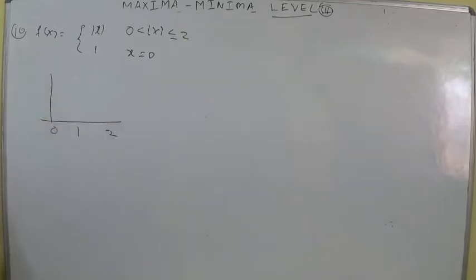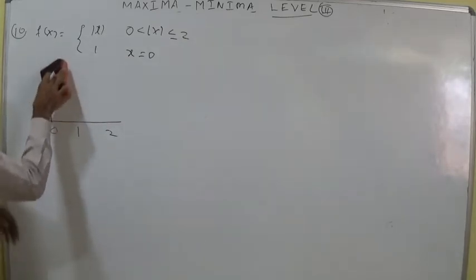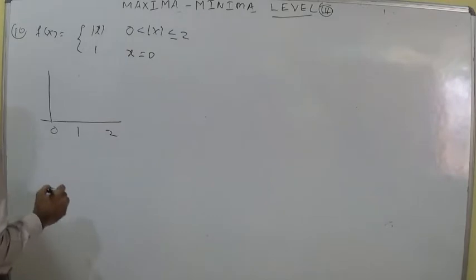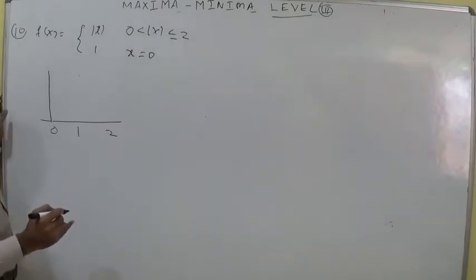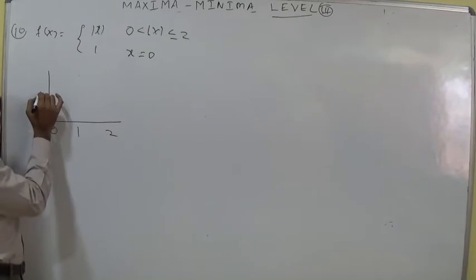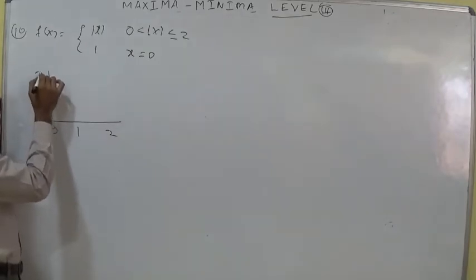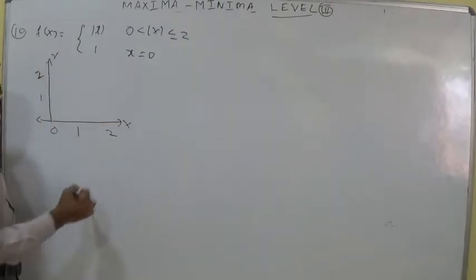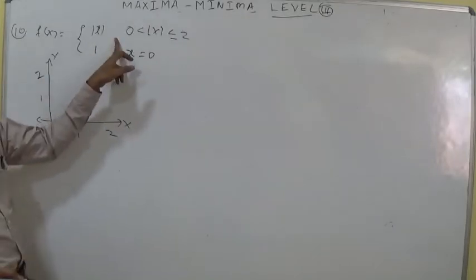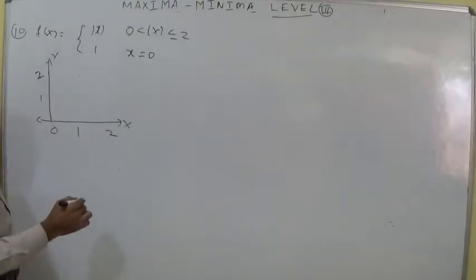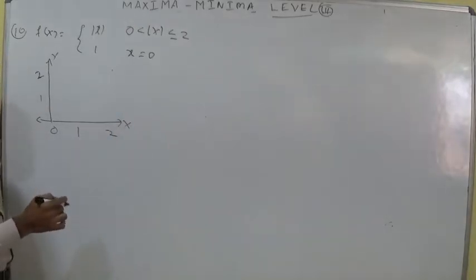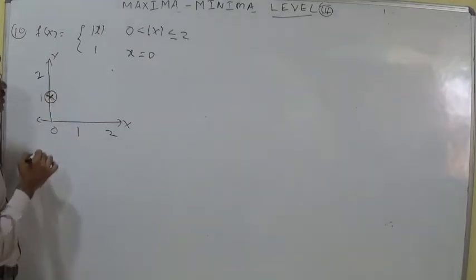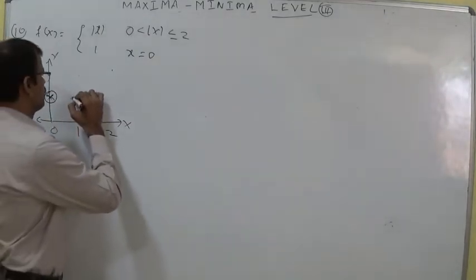This is the y-axis and this is the x-axis. Write 1 and 2 here. The value at 1, according to this, 1 should be there. According to 2, 2 should be there. According to 0, 0 should be there, but here he gave 1. At 0 he defined the value as 1.